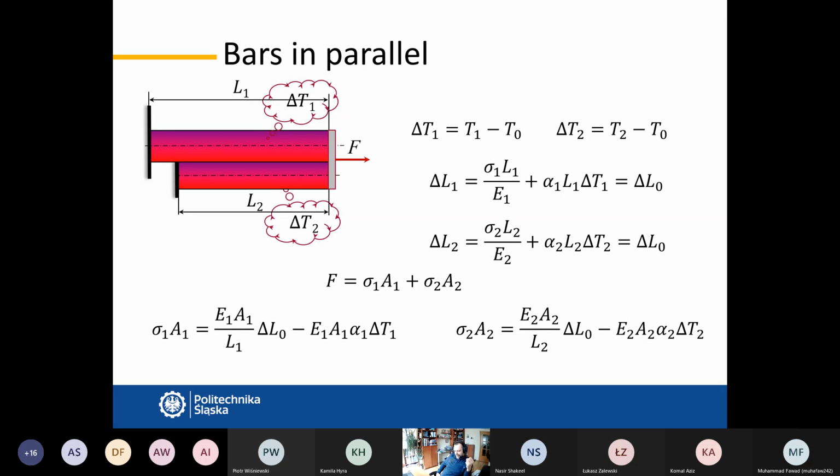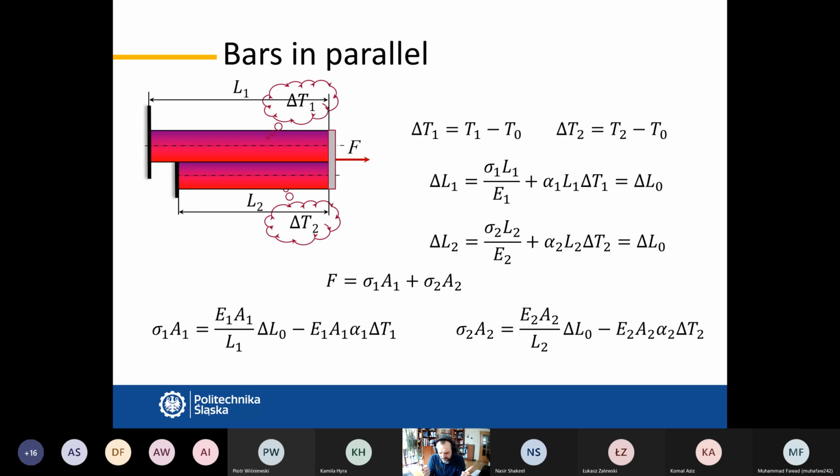So it can, to some extent, freely extend, freely deform, and only a part of the temperature increase provides such an elongation that it comes into contact with the support. So the bigger the gap, the lower the stress. Of course, we can reach such a gap level that the bodies will not come into contact, so the stress will be zero.